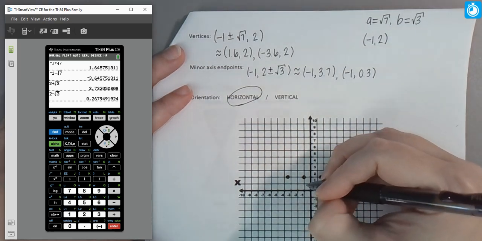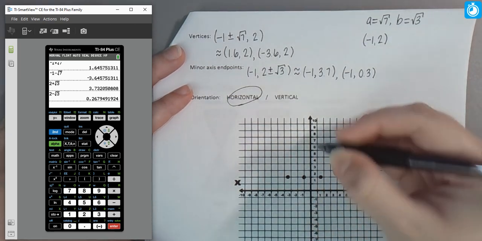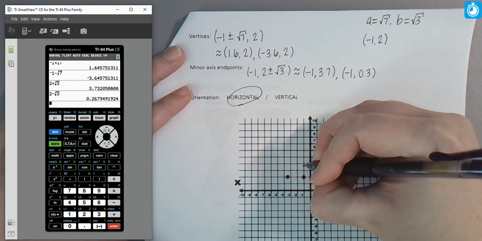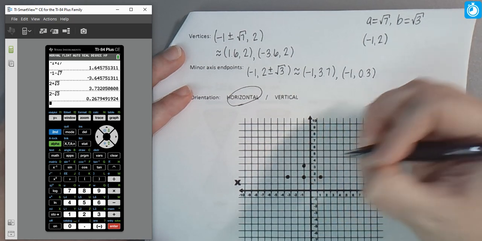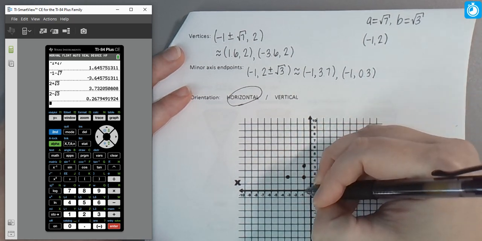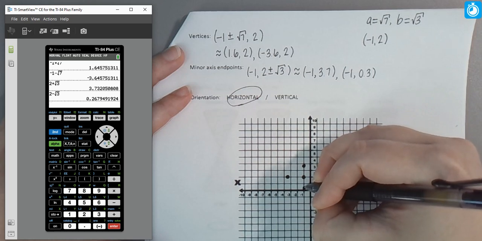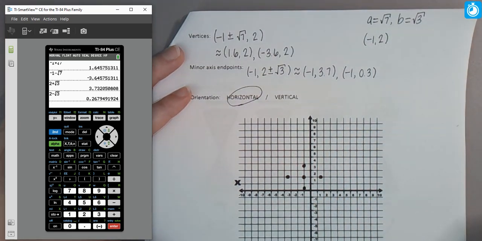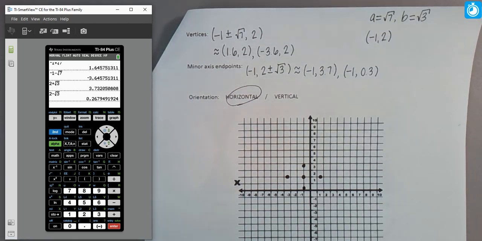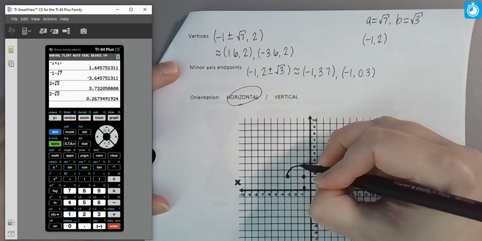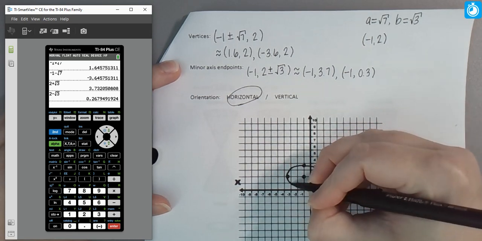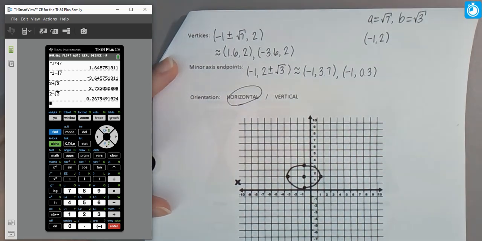So -1, 1, 2, 3, about 3.7, so close to 4, but not quite. And then -1, 0.3. So just a little bit above the x-axis. So that's going to be our graph. That's about as accurate as we can get with the level of detail we have. So there we go.